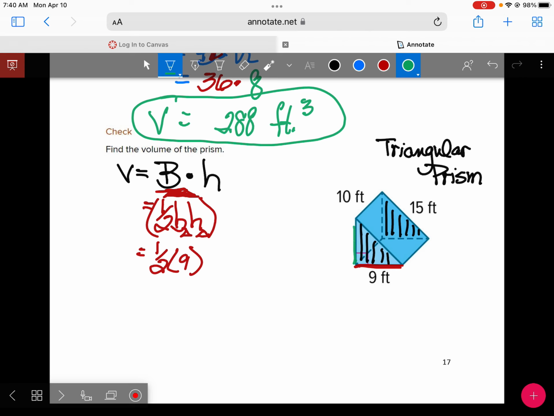Okay, your height is right here. That's the height of the triangle. Do we have that length in green? We do not. We have this in blue, which is 15 feet. We have this, which is 10, but we do not have that height.